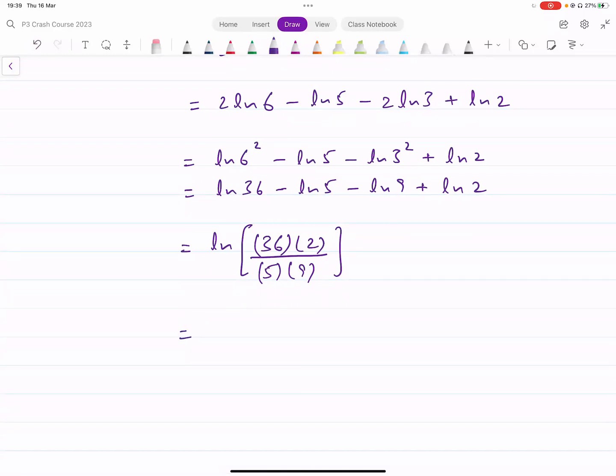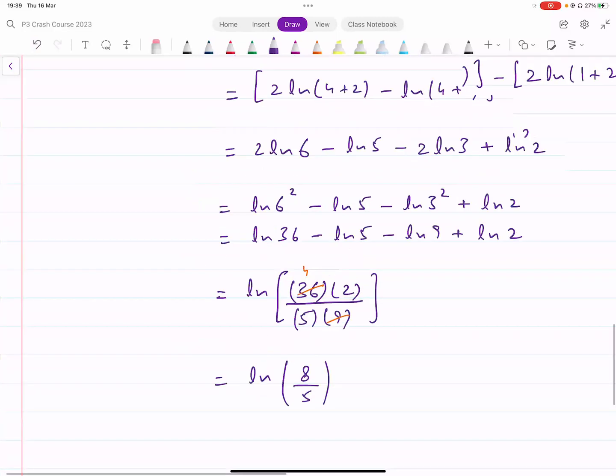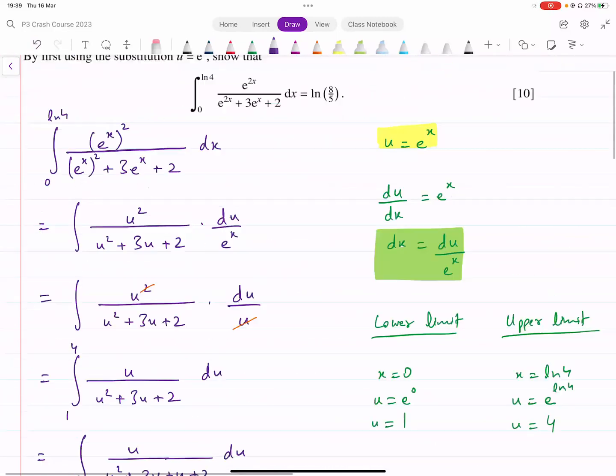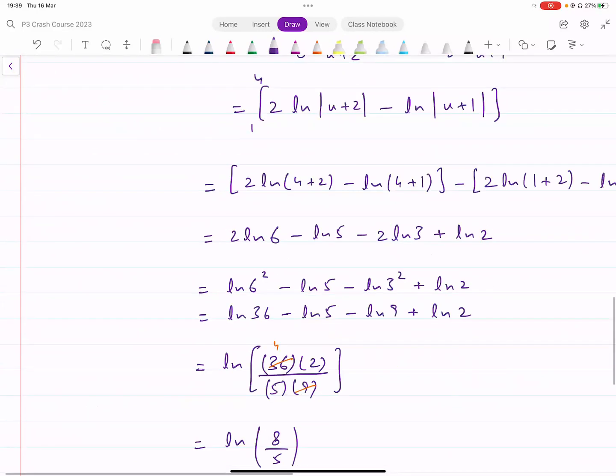Now just simplify this. 36 over 9 is 4. This gets cancelled. This gives you 4 in the numerator. 4 into 2 is 8. That's ln of 8 over 5. And that's exactly what we were trying to prove here. Ln of 8 over 5, that was a 10-mark question.